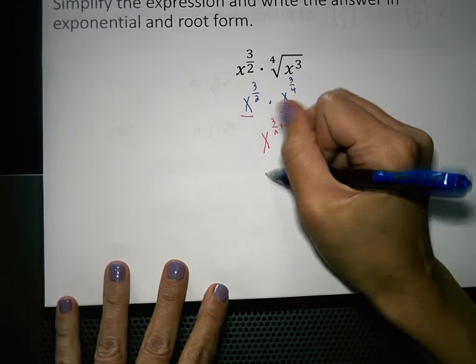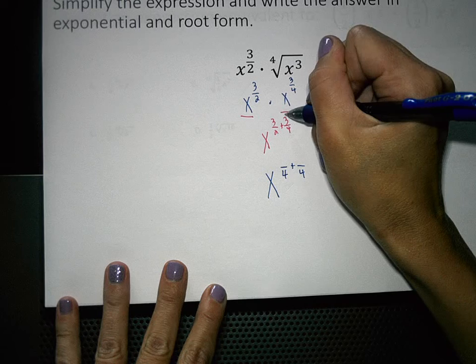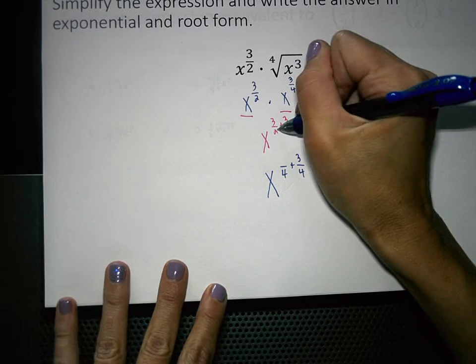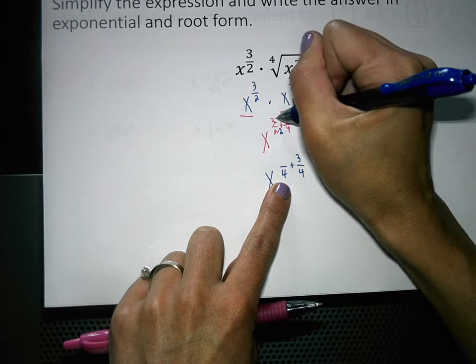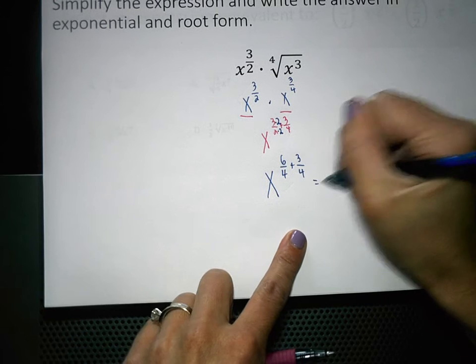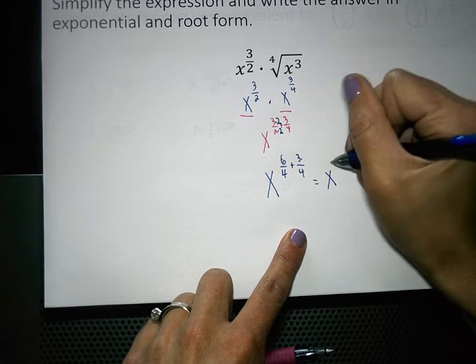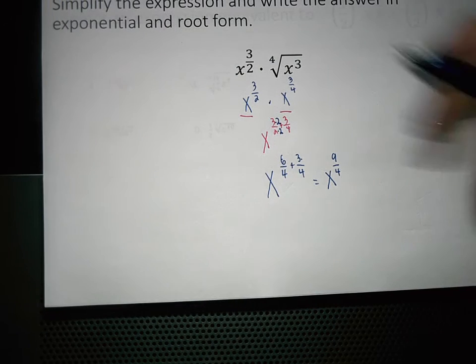And so my common denominator is going to be 4. This one already is a 4, so we keep the 3 on the top. This is a 2, so in order to make it a 4, we have to multiply by 2, and whatever you do to the bottom, you also do to the top. And so 3 times 2 makes 6. We add there, and we get x to the 6 plus 3 is 9/4. So this would be my answer in exponential form.